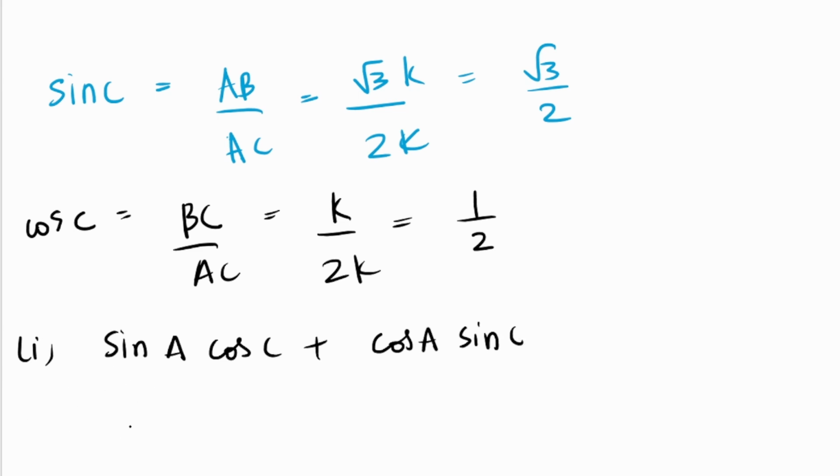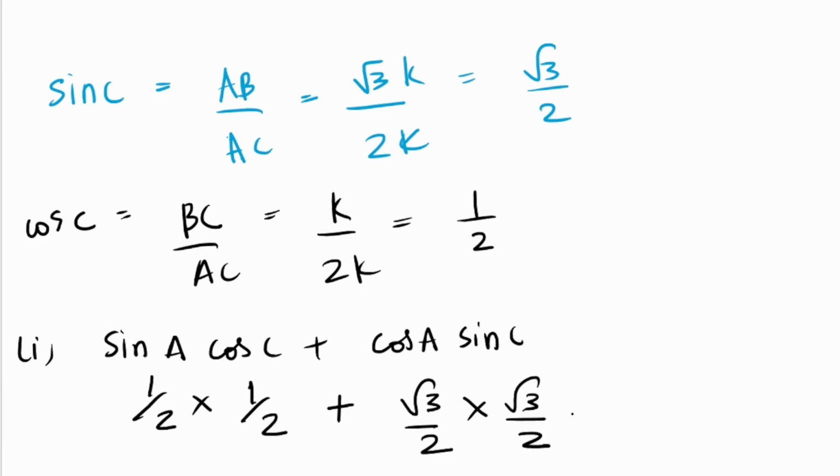So sin A value is 1 by 2. Cos C value is also 1 by 2. And cos A value is root 3 by 2. Sin C value is root 3 by 2. When you solve this, you will get 1 by 2 into 1 by 2 is 1 by 4, plus root 3 into root 3 is 3, and 2 into 2 is 4.